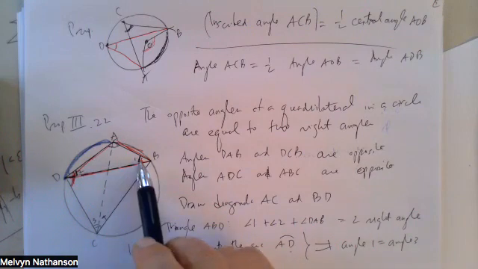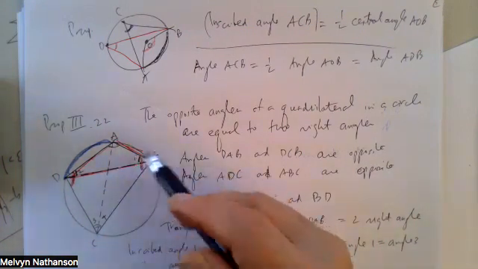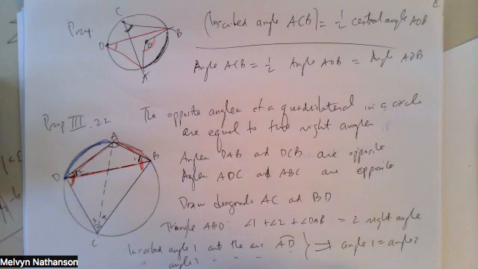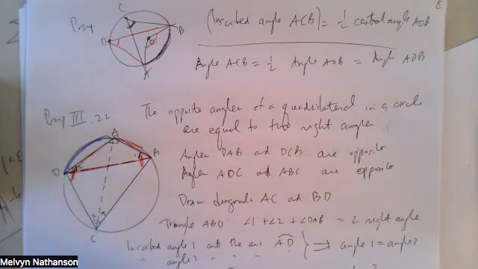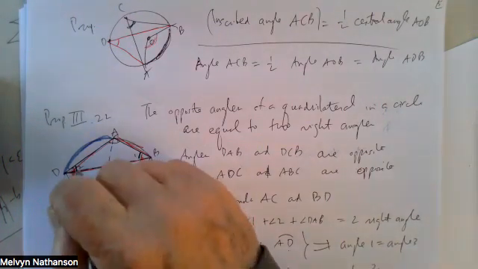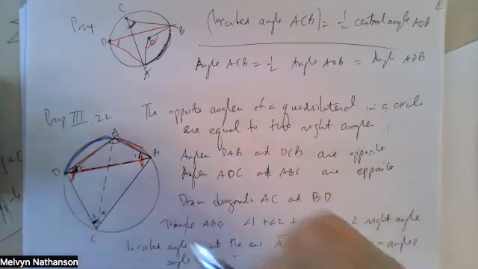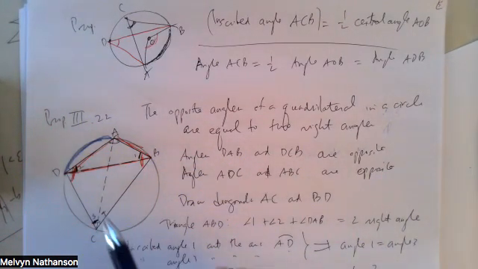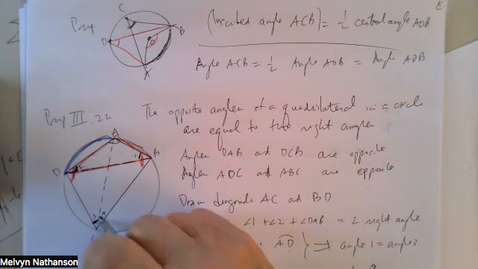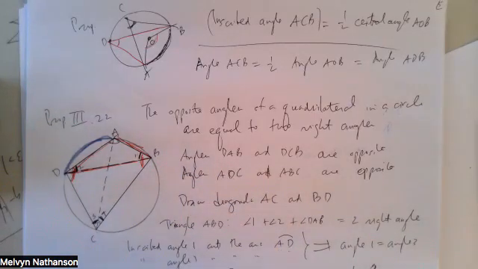Angle 2 cuts out the arc AB. Angle 4 cuts out the arc AB. So angle 2 equals angle 4. Sorry, angle 2 and angle 4. 2 and 4 are equal, and 1 and 3 are equal.